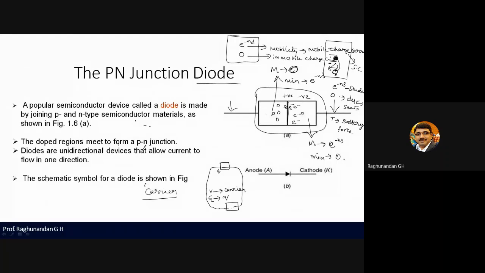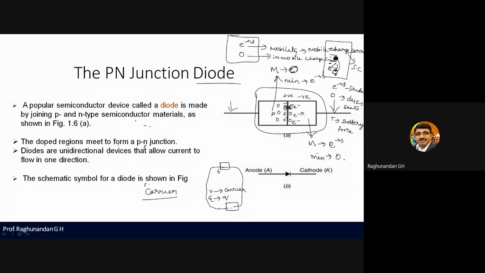Recombination means this becomes electron, this becomes hole, because when the electron has shifted to another hole, a vacancy will be created. That vacancy is a hole. The same way, here we will have electron, here we will get hole, here we will have electron, here we will have holes. That means shifting of electrons is taking place.